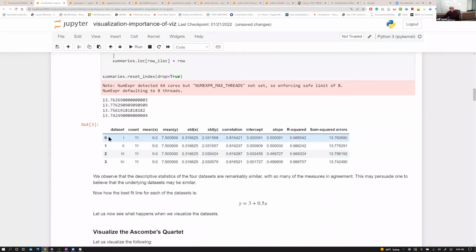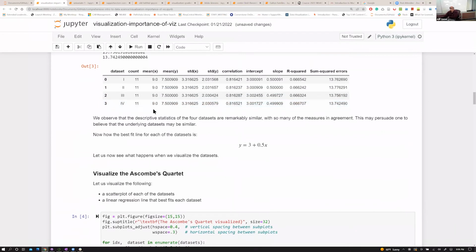So you will observe, and by the way, we'll walk over the code in the lab part, but today, just observe. You notice these four data sets, their mean, their standard deviation of X, of Y, the correlations, the intercept, the slope, and R square, which I'll tell you about, and sum squared error, meaning if you plot a straight line, and we talked about the sum squared error for the best fit line.